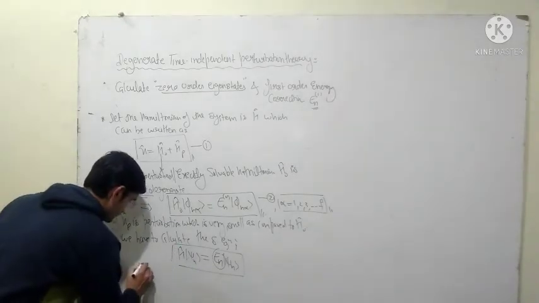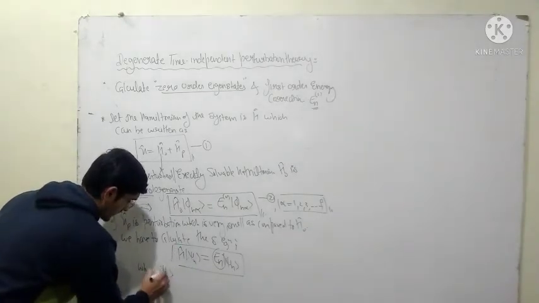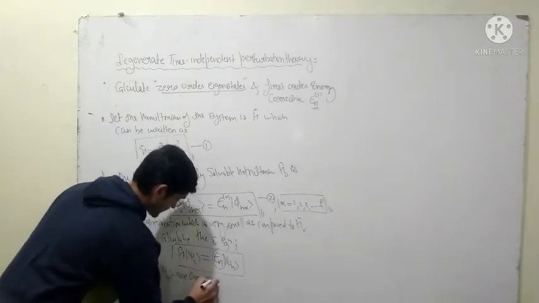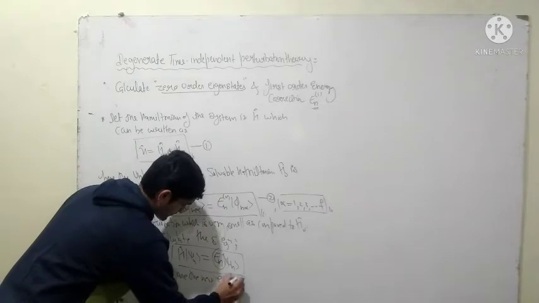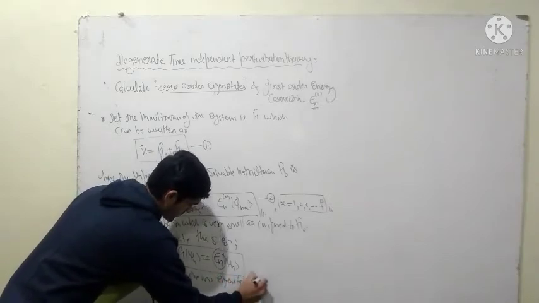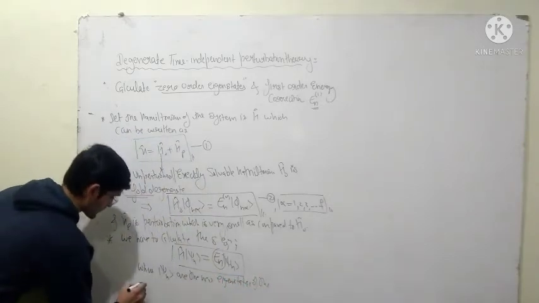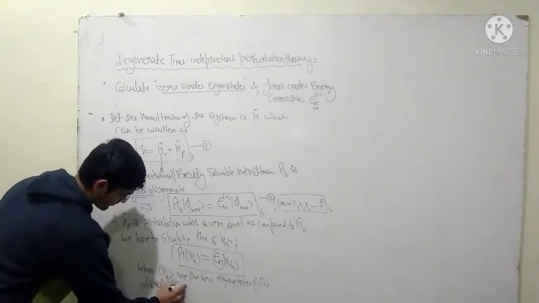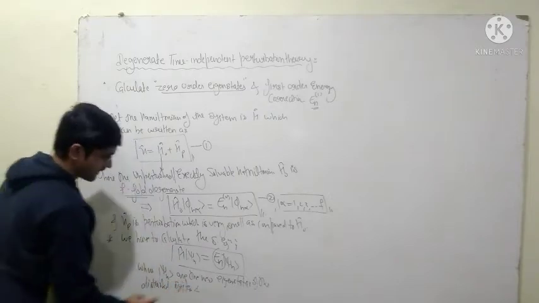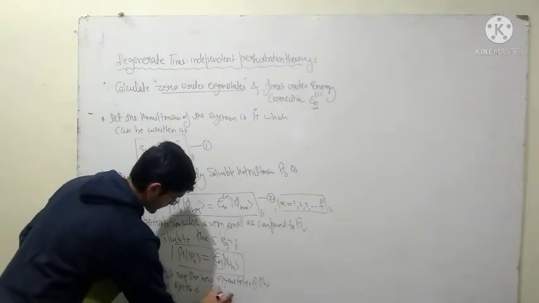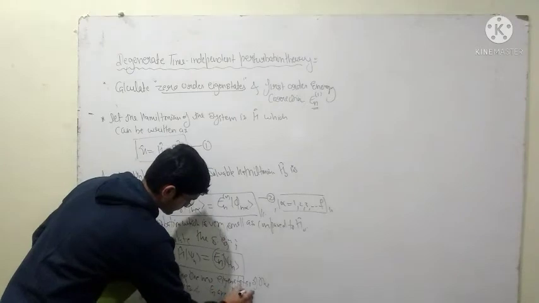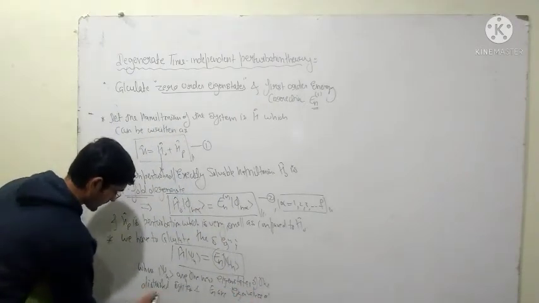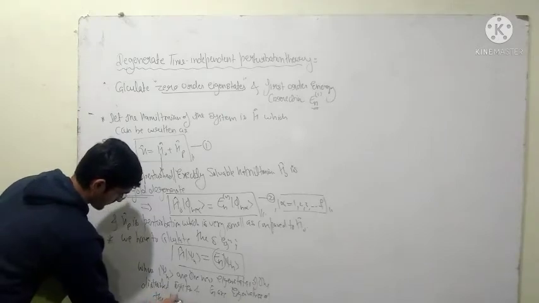So psi n are the new eigenstates of the perturbed or disturbed system, and En are the eigenvalues of the disturbed system, right?